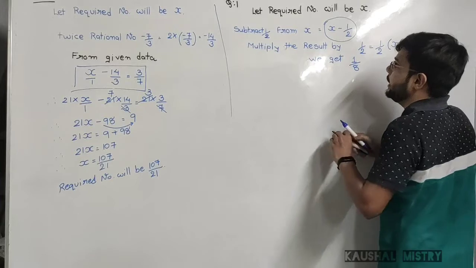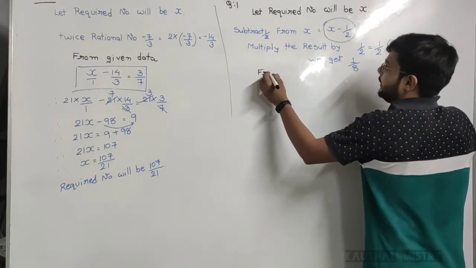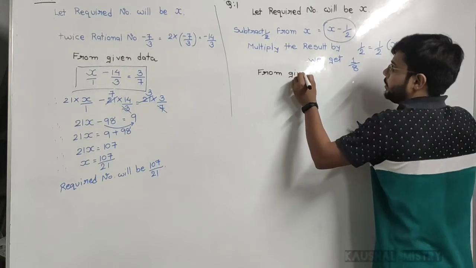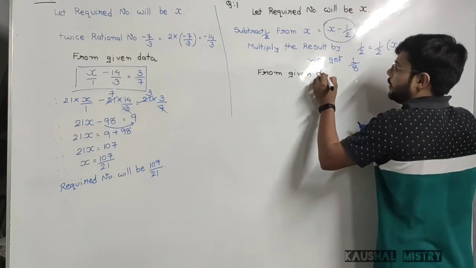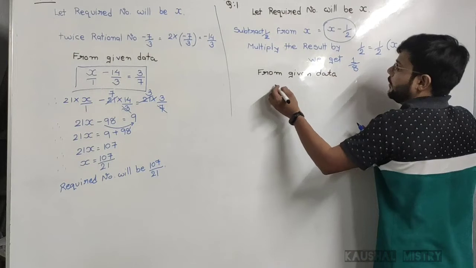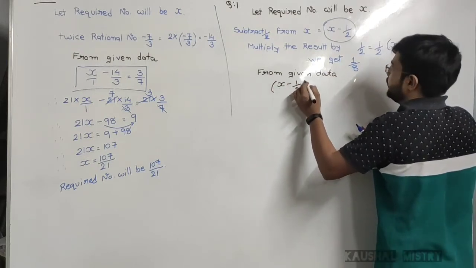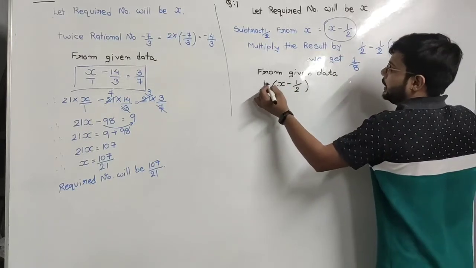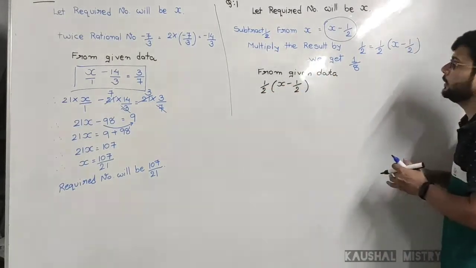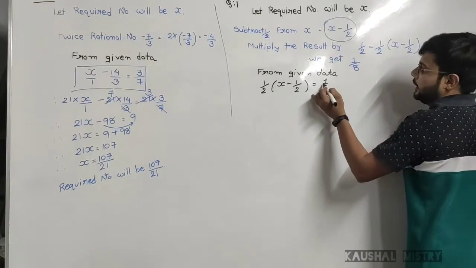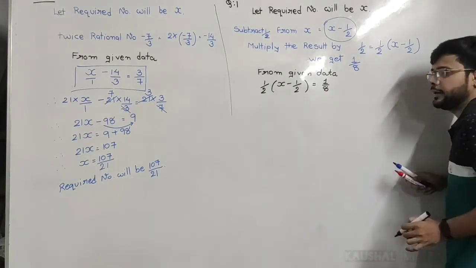So from given data, we can definitely write x minus 1 by 2 multiplied by 1 by 2, because we have to multiply the result by 1 by 2. We get 1 by 8, right?